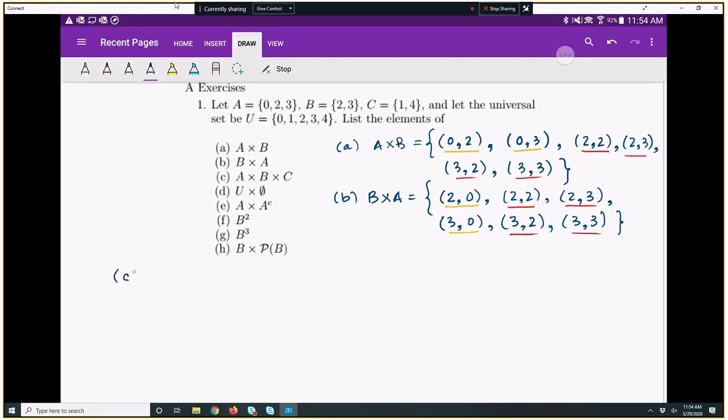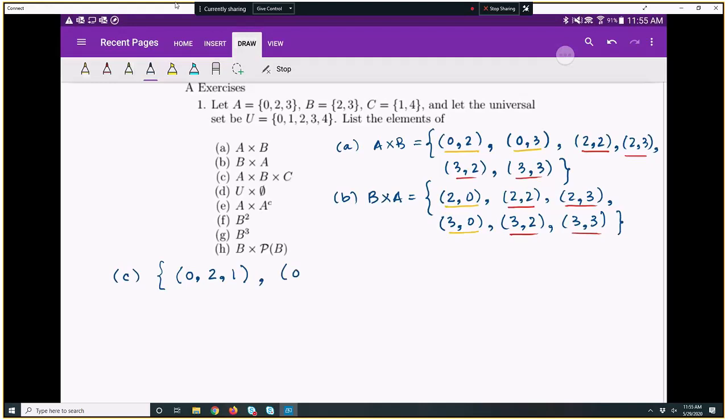Well, let's do C. We want A cross B cross C. So now I'm looking for ordered triples, where my first element comes from A, then the next from B, then the next from C. So again, I'll try to be orderly. I'm going to take 0 from A, 2 from B, and 1 from C. That's an element.